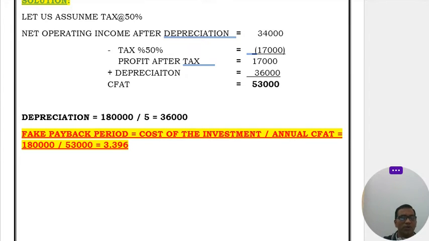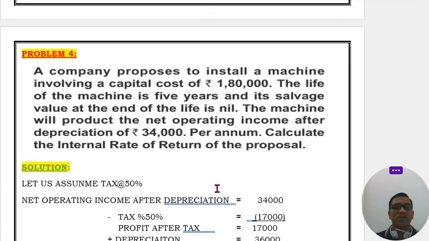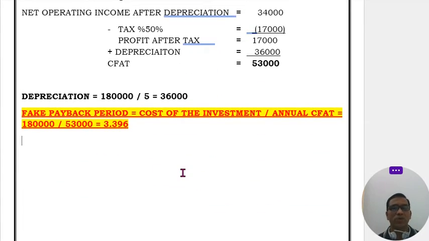So now you will go to the present value annuity table. In the annuity table, the fifth year row, because life of the project is 5 years. In the 5th year row, we have to check the value which is near to 3.396. You may not get exactly 3.396, but you will get the nearest value.